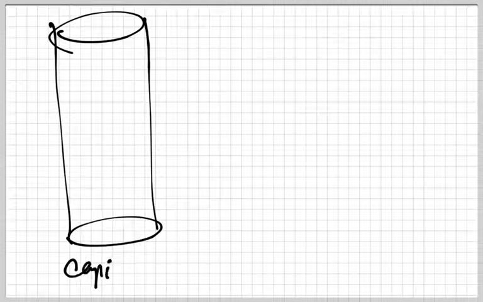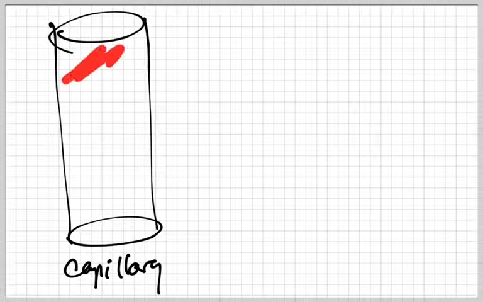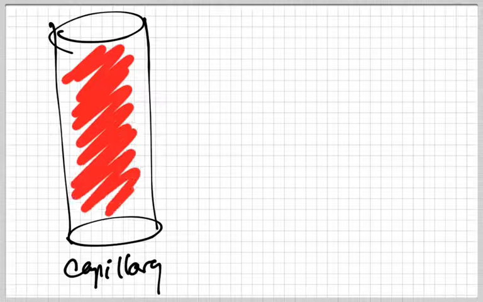This is false. What actually occurs is we have some sort of a blood vessel here. Let's call it a capillary, and we're going to have blood in this blood vessel. I'm going to make sure that it's red.